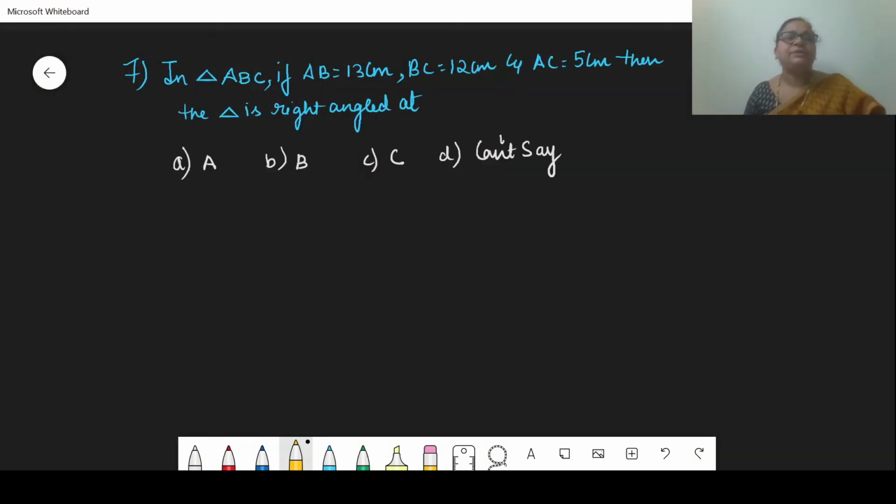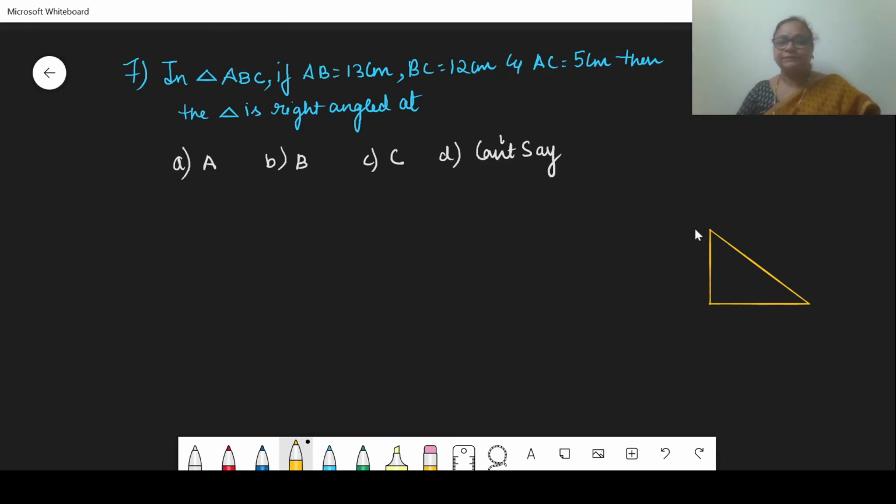In triangle ABC, if AB is equal to 13 centimeters, BC is equal to 12 centimeters and AC is equal to 5 centimeters, then the triangle is right angled at. In a right angle triangle, the side which is opposite to the right angle is called the hypotenuse and the hypotenuse is the longest side.